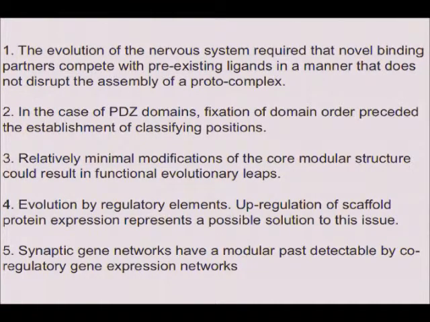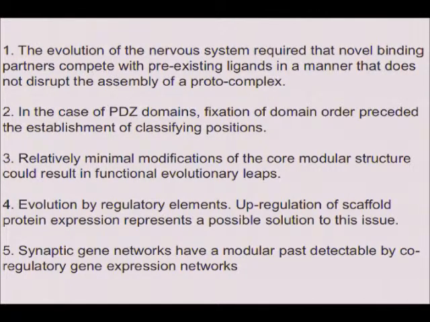Relatively minimal modifications of the core modular structure of, say, a sponge protosynapse can result in functional evolutionary leaps. It only required a few more genes to go from what the sponge has to nervous systems and synapses as we know them.